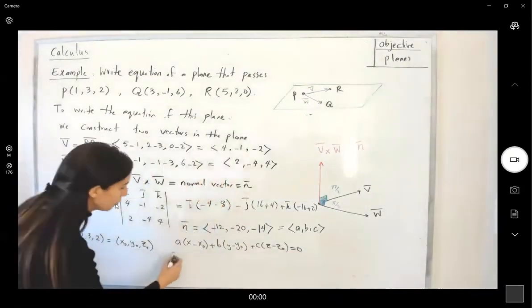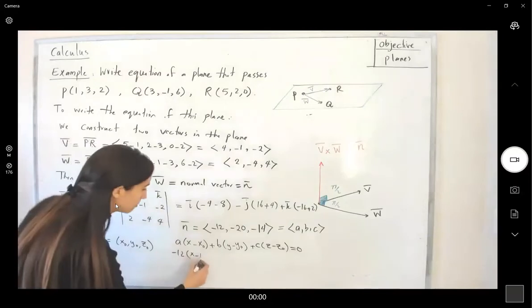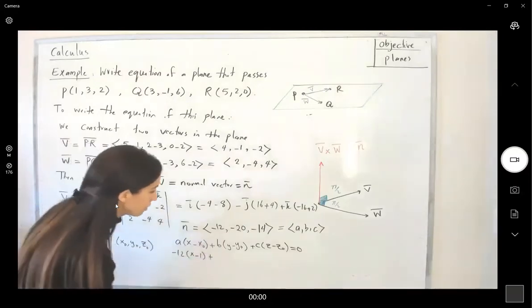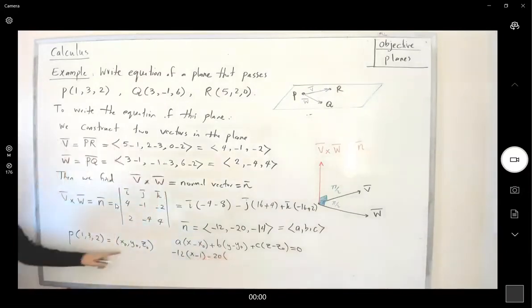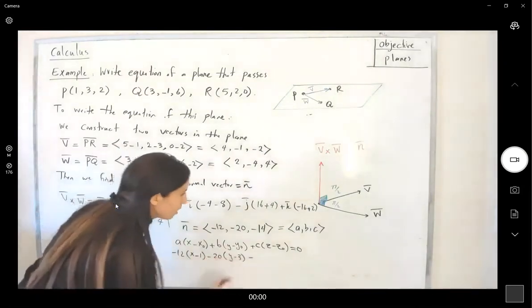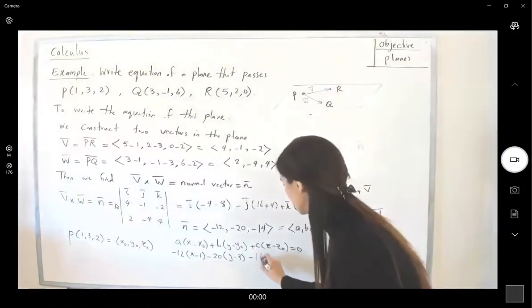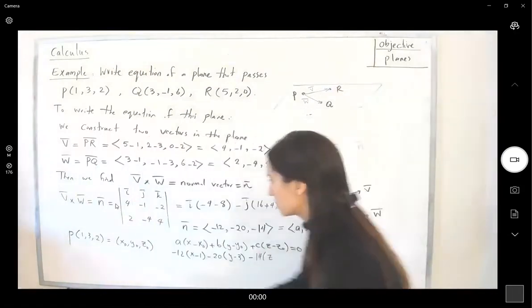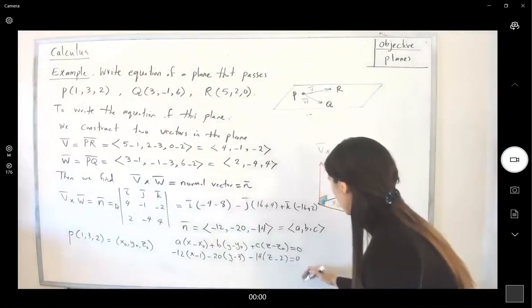So we have negative 12 times (x minus 1), negative 20 times (y minus 3), and negative 14 times (z minus 2) equal to 0.